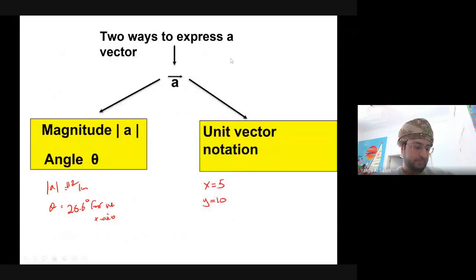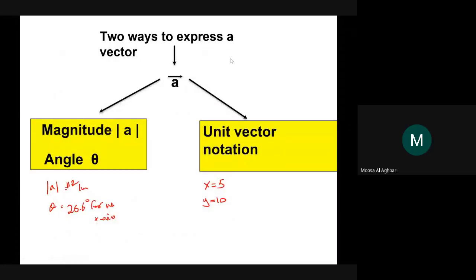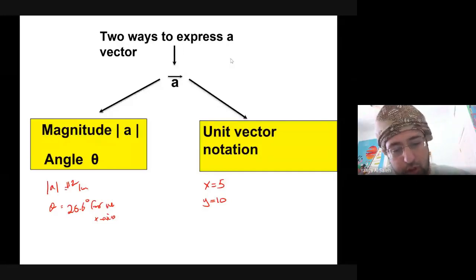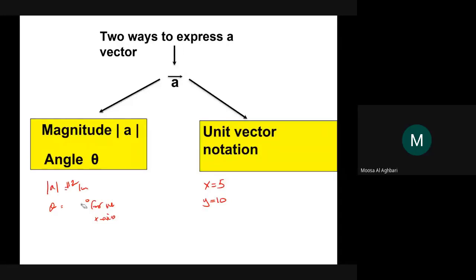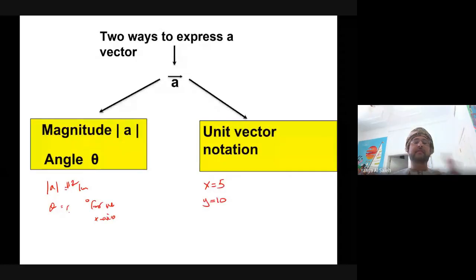Uh, 63.43. 63.4. So this is the same vector, which I can express in two different ways. 11.2 kilometers at 63.4 degrees, or x equals 5, y equals 10.